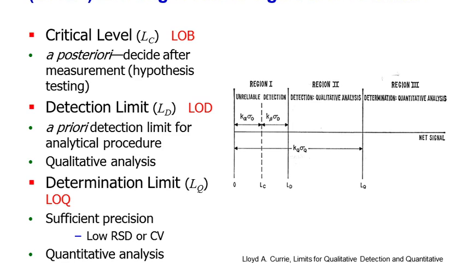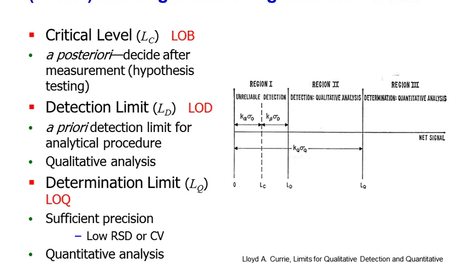In Curry's paper it's LD, but LOD is the common representation that people use. And LOD is used for qualitative analysis. So you can't use it for doing fold changes between cancers and controls or something like that. You use it mostly to say whether things were there or not, and get approximate qualitative assessments.